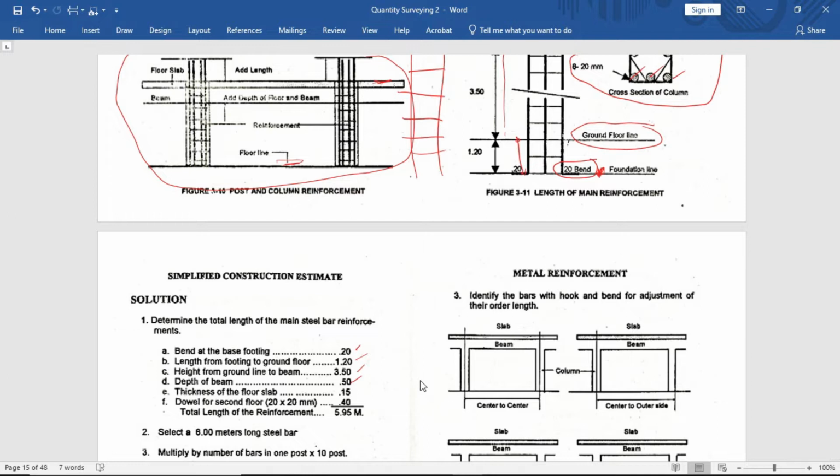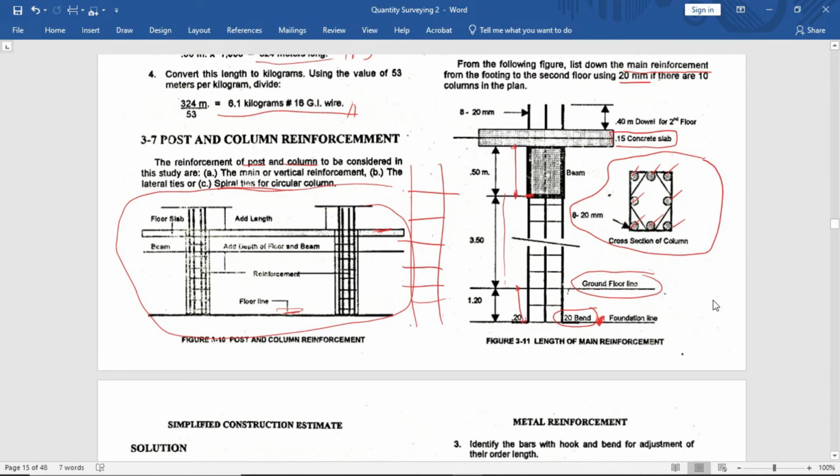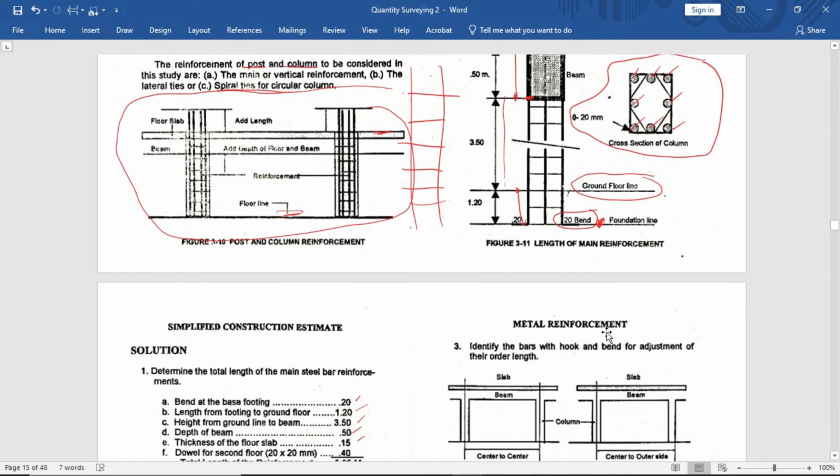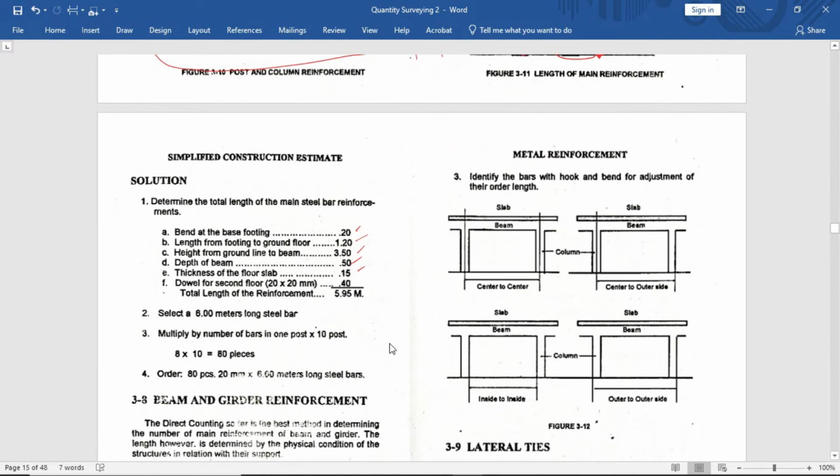Pagkatapos, meron tayong dowel for second floor, yung abang sa taas, pang space natin sa taas, 0.4 meters. So, ang total length of the reinforcement is 0.2 plus 1.2 plus 3.5 plus 0.5 plus 0.15 plus 0.4, is 5.95 meters.